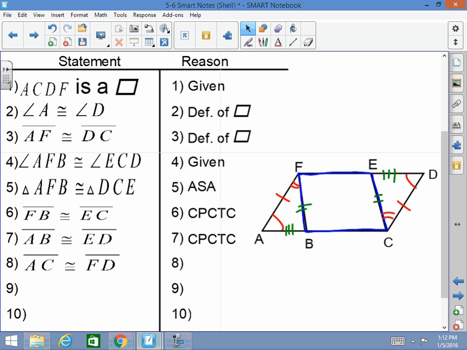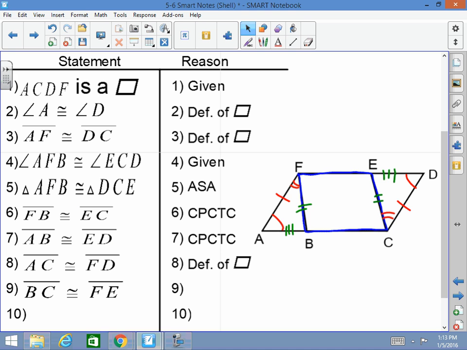AC is congruent to FD because of definition of parallelogram. Right? And then now, I love it. Well done, son.